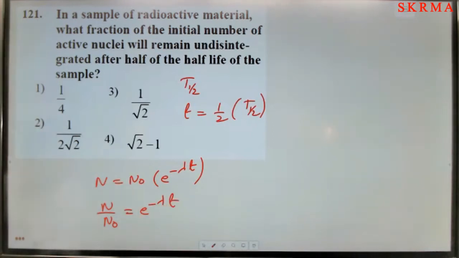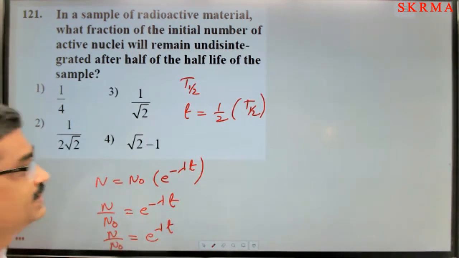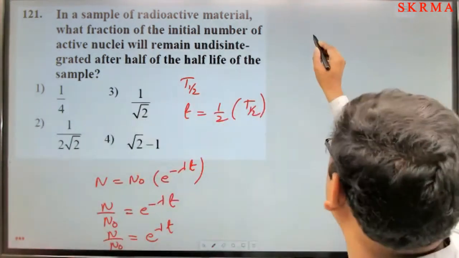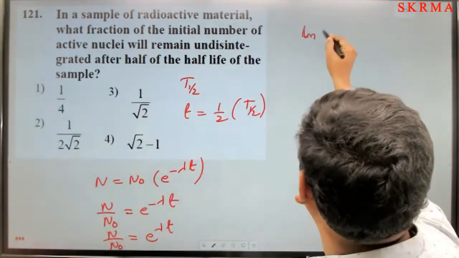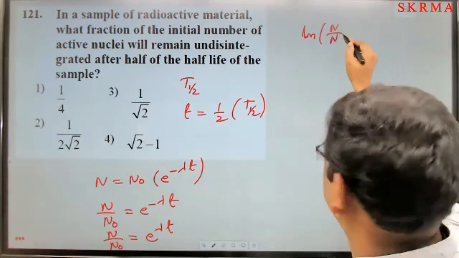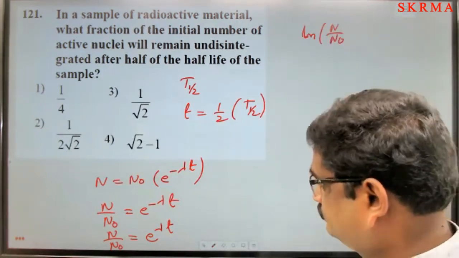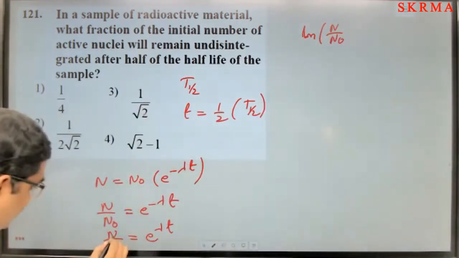To remove the negative sign, we can write N naught by N equals e power plus lambda t. Now take log on both sides, so ln of N naught by N.